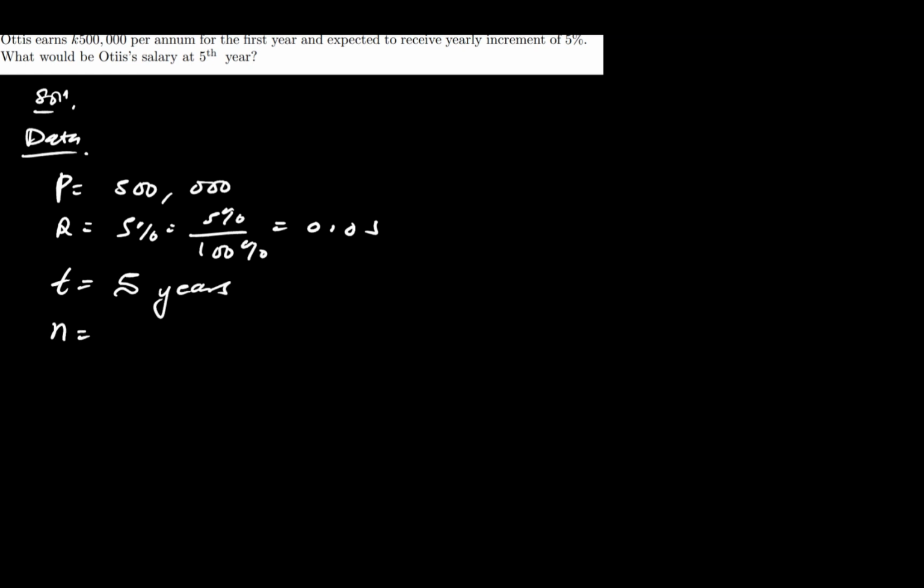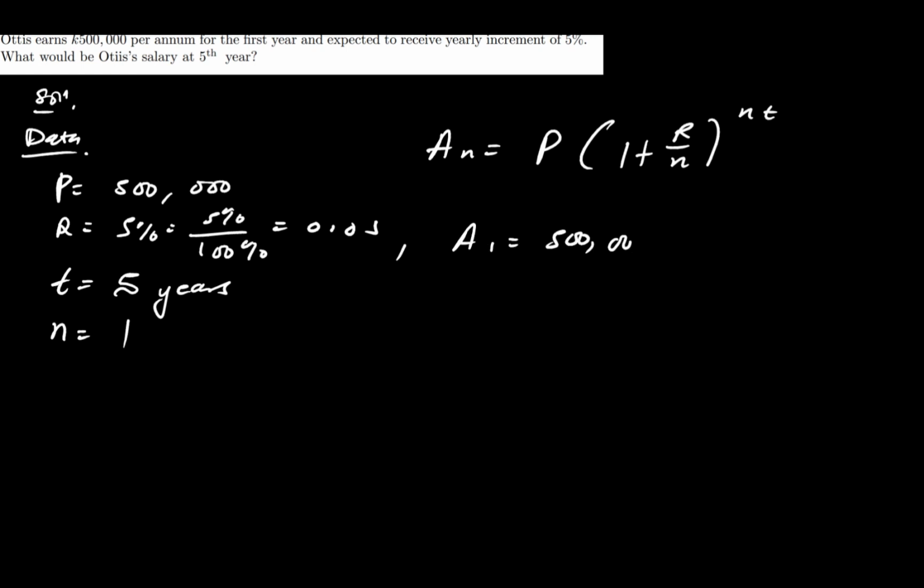And n, how many times it is credited, is only once per annum, so that's 1. So the total amount, which is going to be the salary, is the principal times 1 plus r over n, to the power nt. So S sub 1 is equal to 500,000 times 1 plus the rate, which is 0.05, over 1, to the power 1 times 5.